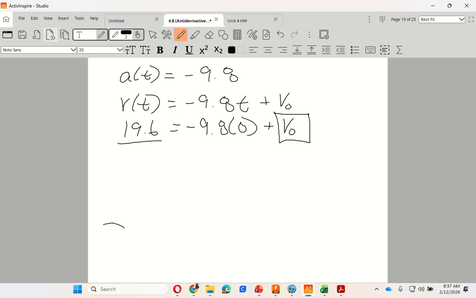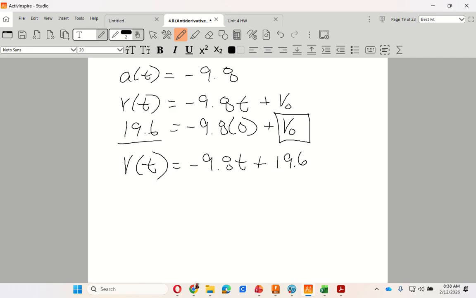Okay? All right, good. So we have the initial velocity now. So my velocity function is v of t equals negative 9.8t plus 19.6. Now I have velocity.